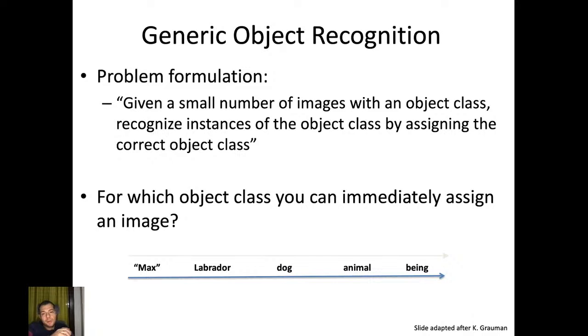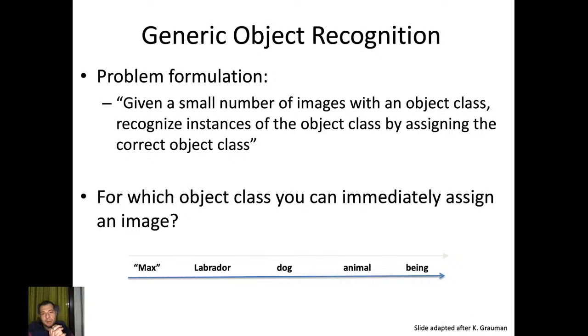And about the level, we call it generic recognition, as we actually refer to this hierarchy of classes. The classes of objects have a hierarchy.